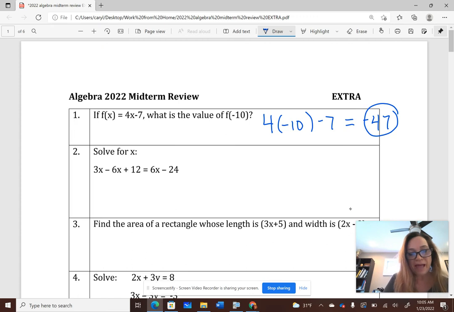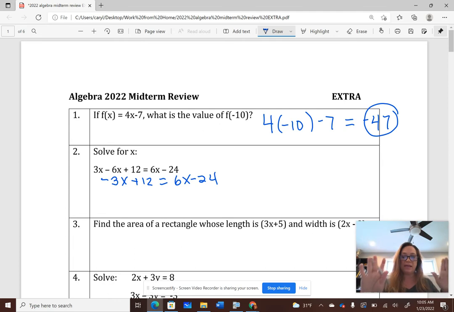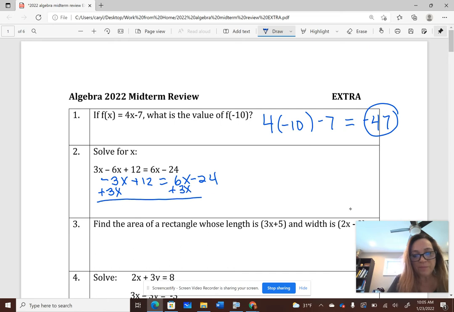All right, so solve for x. I'm going to combine the like terms on the left side. And now I'm going to combine the like terms, but since they're on opposite sides, I have to use an inverse. So I'm going to add 3x, just so that everything is positive.